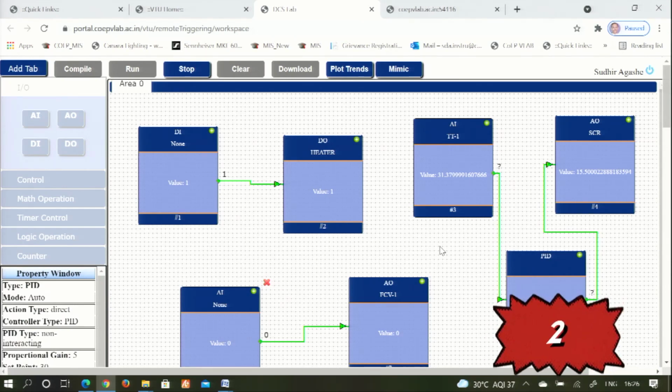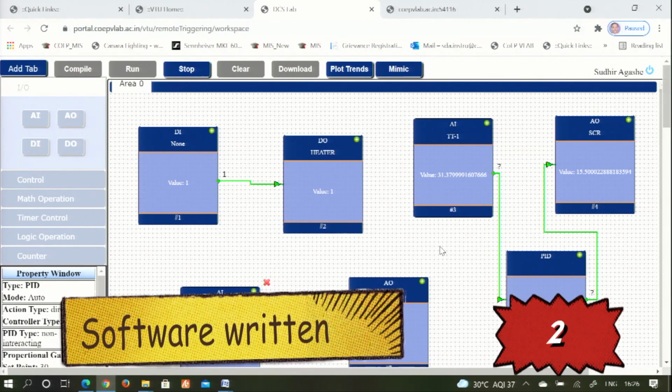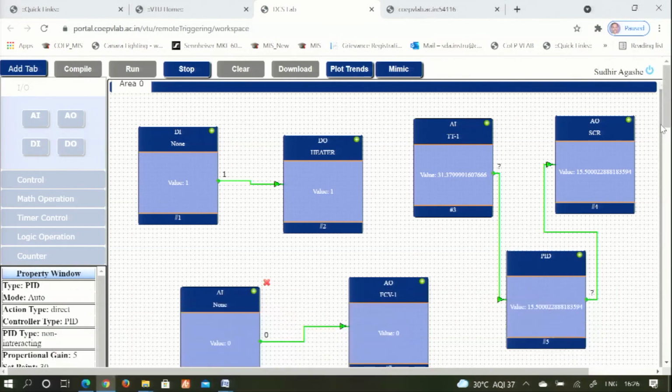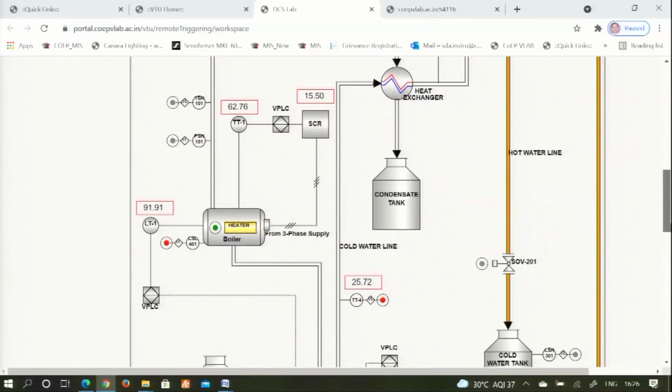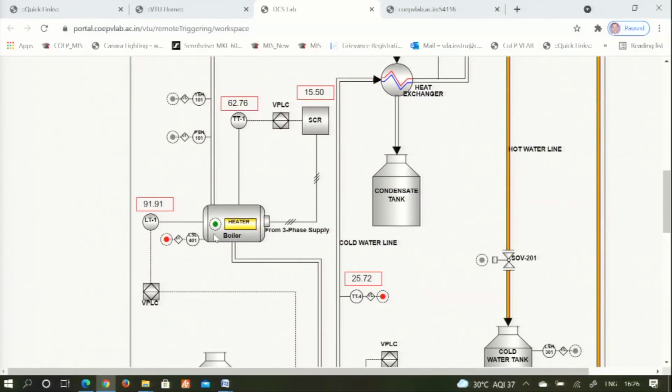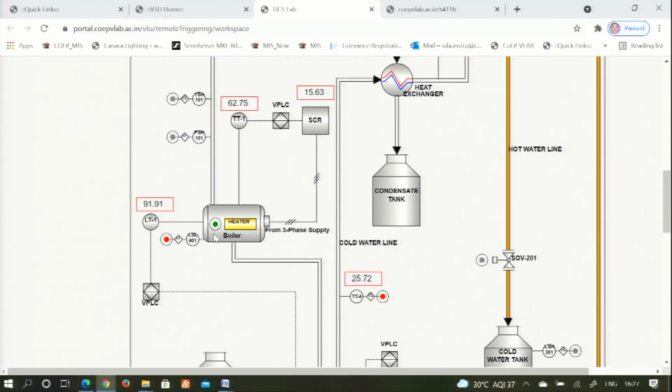The second level of safety is related to the software which we have written. In that, even if you give a command, for example, here, if there is no water in the tank and still you have fired the heater, and the hard level switch has not operated, and in the logic which you have written you have not given an interlock saying that if the level in this tank goes below this low level switch, the heater will not switch on.